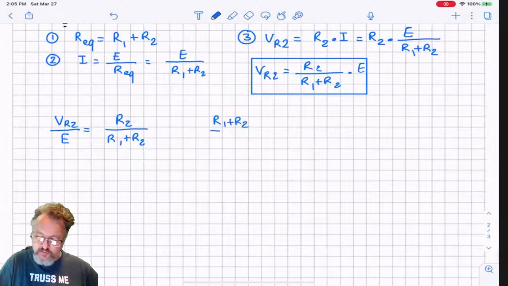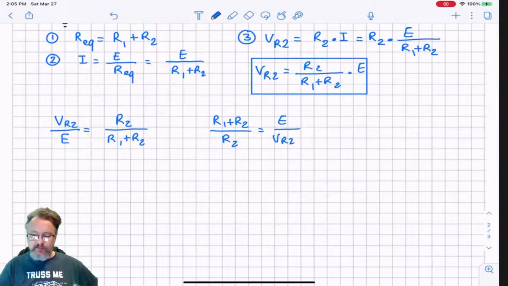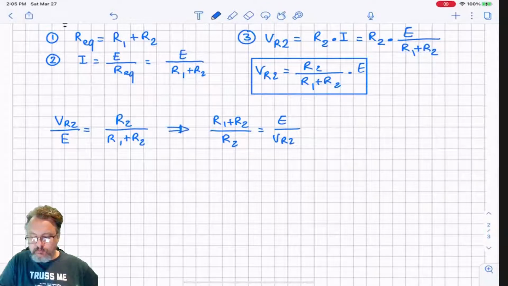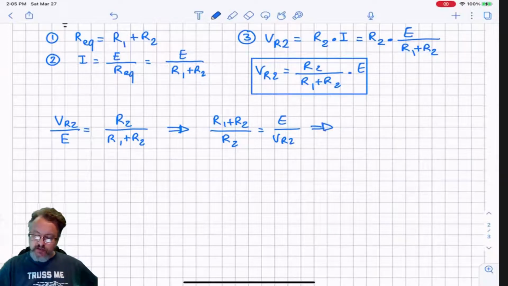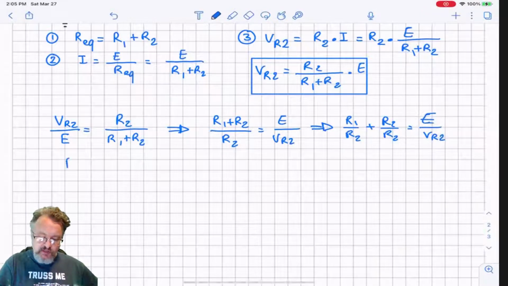We're going to have R1 plus R2 over R2 equal E over VR2, right? Now, R1 plus R2 over R2 is the same as R1 over R2 plus R2 over R2. Therefore, R1 over R2 plus 1 is equal to E over VR2.